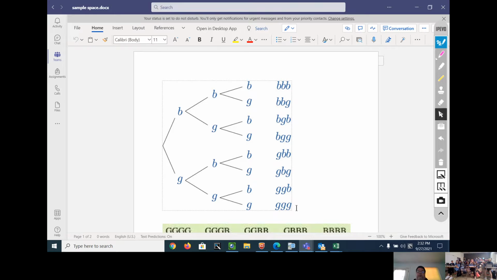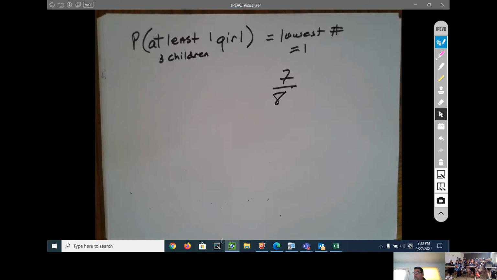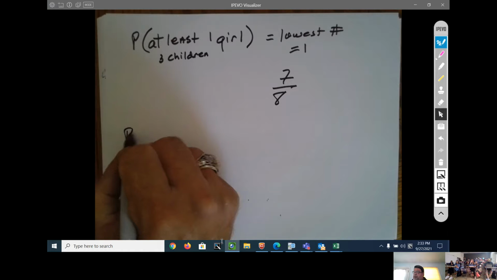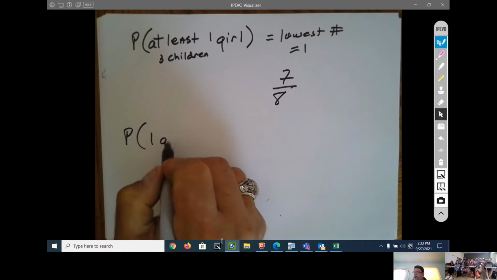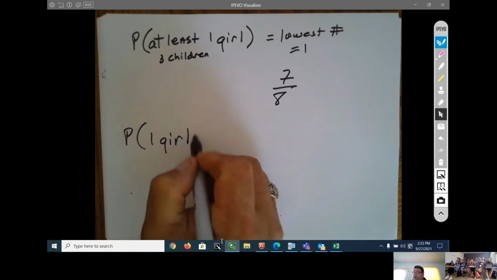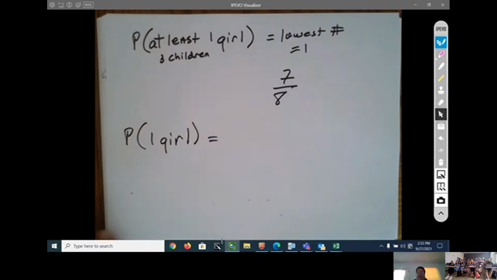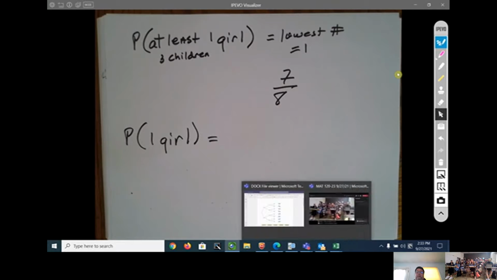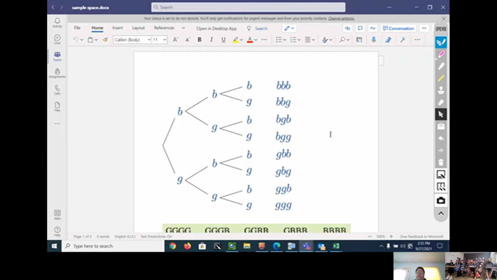Now that question I will put on a test and people will get it wrong. Why will they get it wrong? Because they get it confused with this question: what is the probability of 1 girl? That's 3 out of 8.